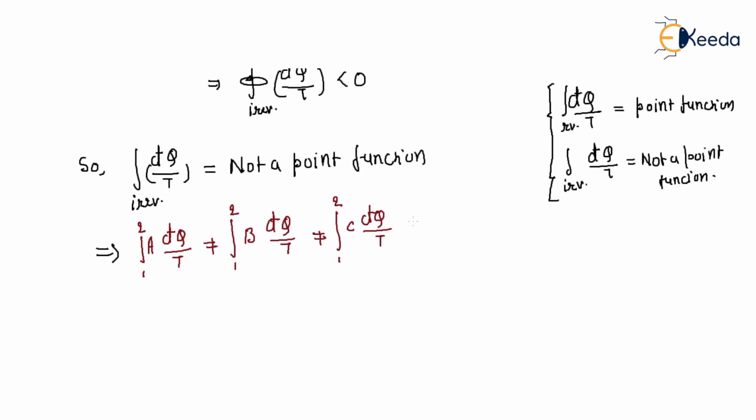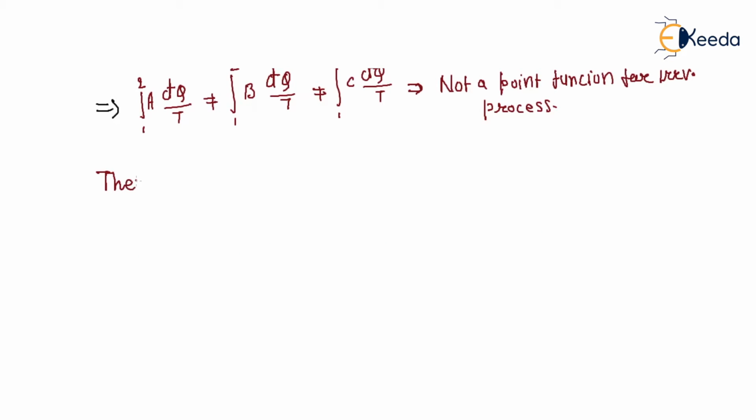Because this is not a point function for an irreversible process. Why? Because this is all less than 0. So the integration of dq by T for an irreversible process is always less than delta S.